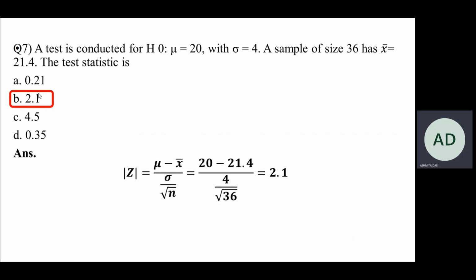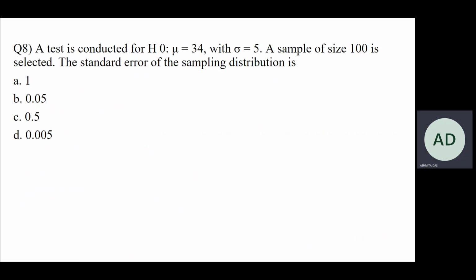Now moving to the next question. A test statistic is conducted for H0, that is mu equals 34 and sigma equals 5. Sample size 100 is selected. What is the standard error of the sampling distribution? The standard error of the sampling distribution can be easily calculated by sigma divided by root n.